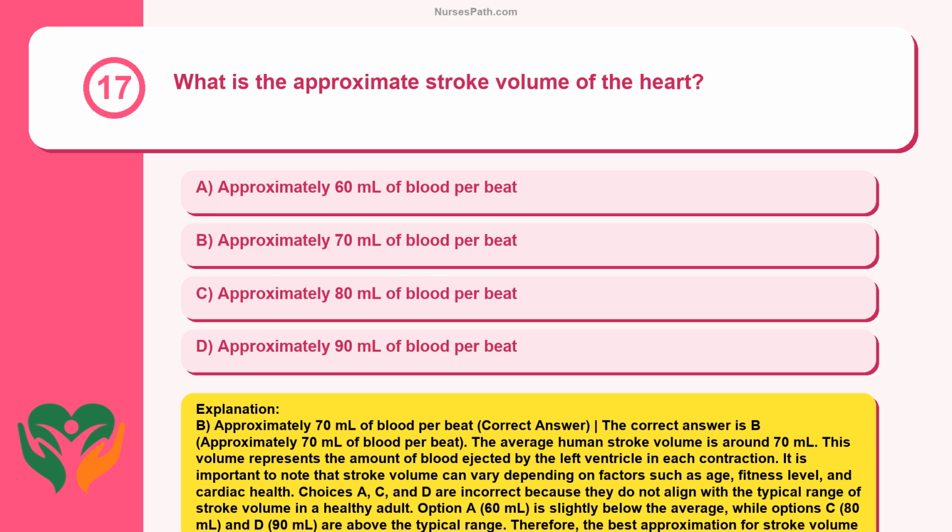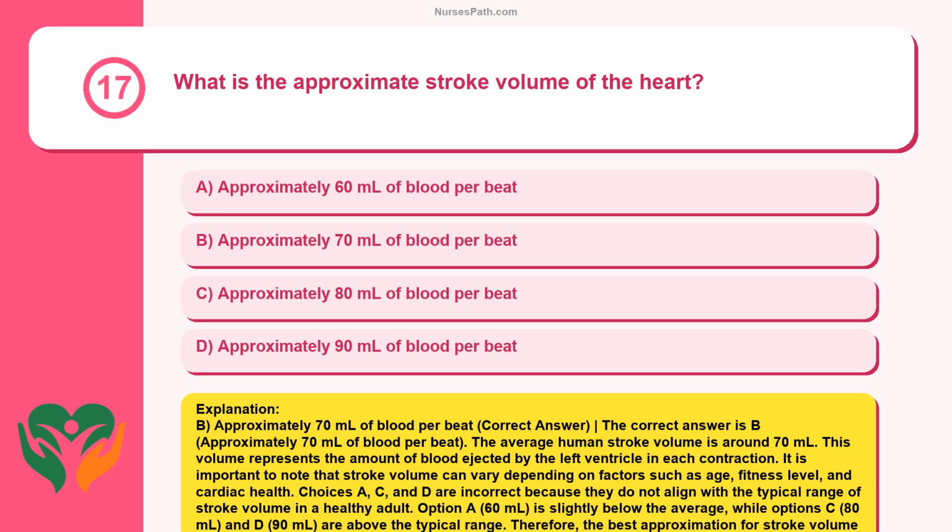Approximately 70 ml of blood per beat. The average human stroke volume is around 70 ml. This volume represents the amount of blood ejected by the left ventricle in each contraction. It is important to note that stroke volume can vary depending on factors such as age, fitness level, and cardiac health.